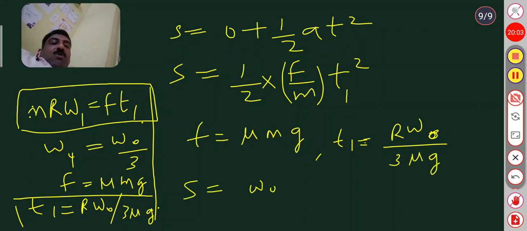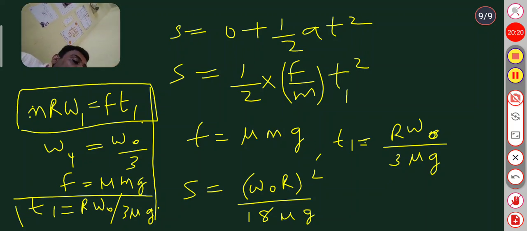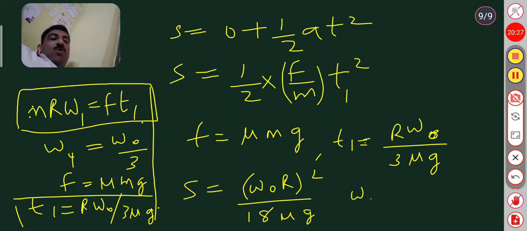You will get s as omega 0 into r whole square divided by 18 into mu into g. And what is omega 0? We have already calculated the value of omega 0, isn't it? Omega 0 you got as 1136 radians per second.